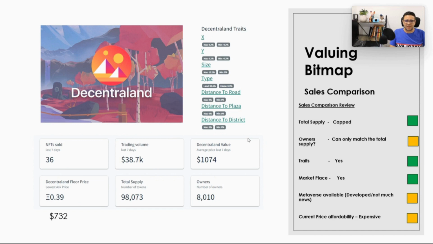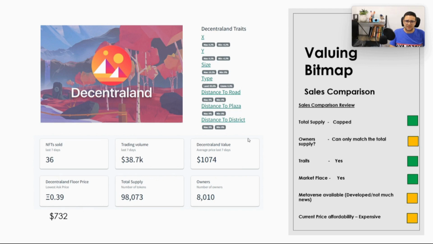I'm applying the checklist that we've created to carry out this valuation, and I'm assessing it against this project with the information available. So firstly, we're looking at the total supply of Decentraland.